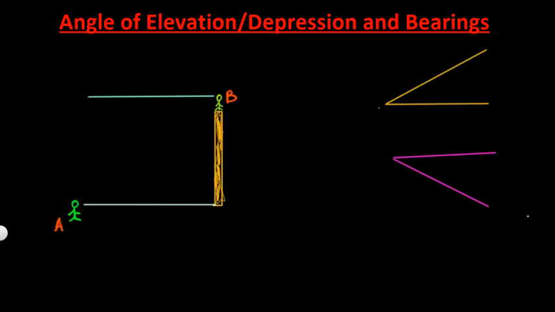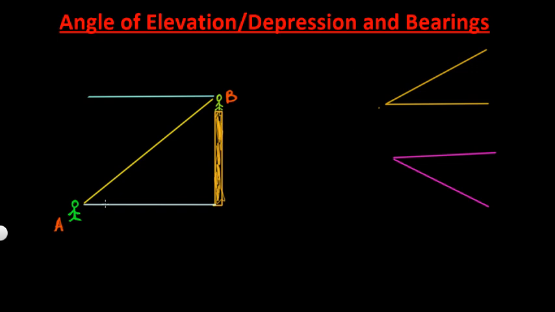Let's take a view of this. In this, we have a person B and a person A. If person A, standing here, decides to look at person B, who is standing on top of a tree, he will be looking at person B at an angle called the angle of elevation.